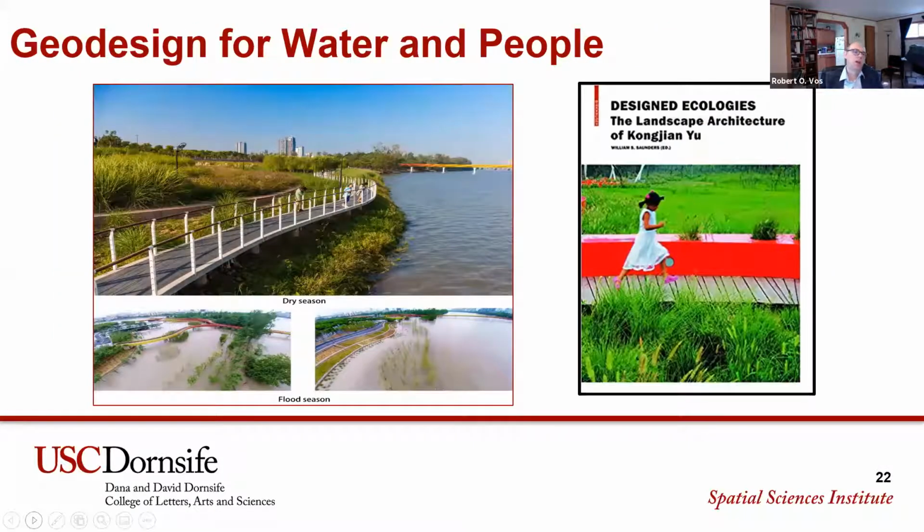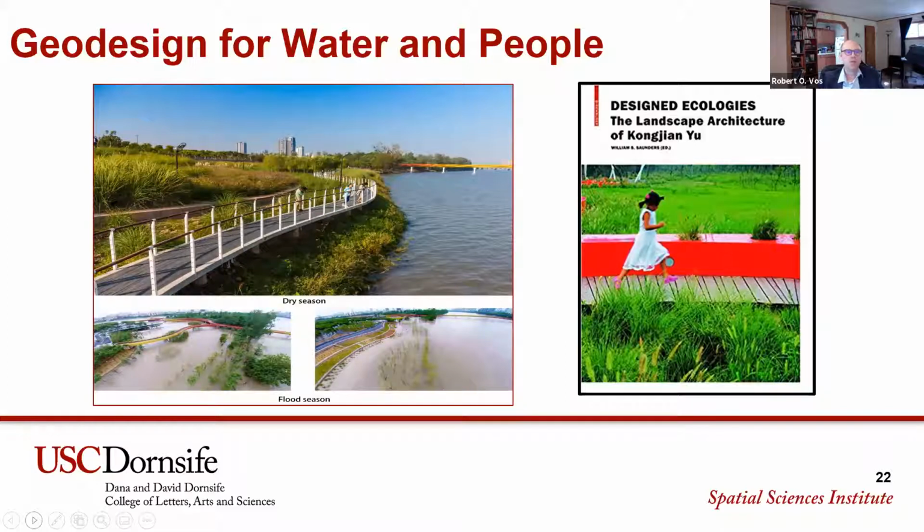And so this is an example of the kind of beautiful outcomes that you get from this kind of practice, right? So this is a sponge city project in China that comes from a landscape architect there named Kang Jun-Yu, who has an enormous investment in and development of geospatial technologies.